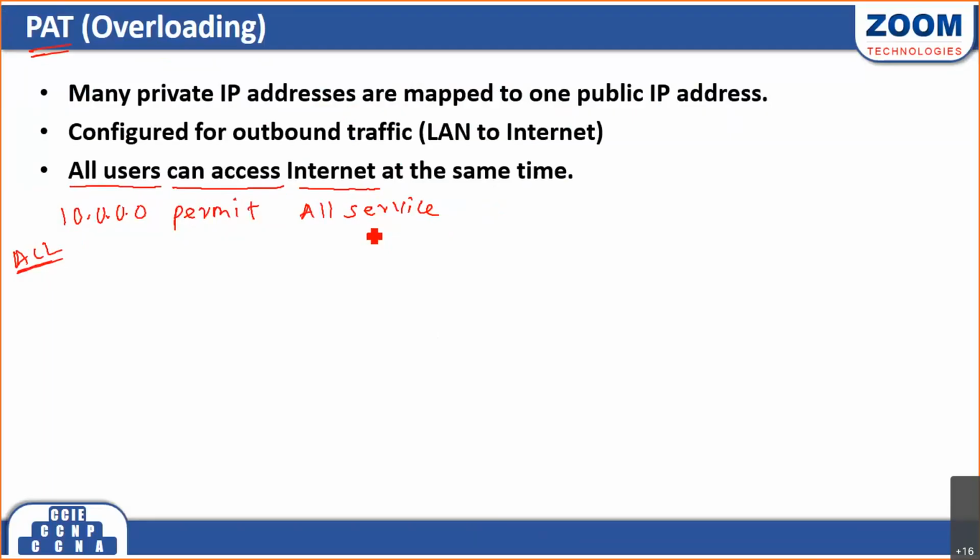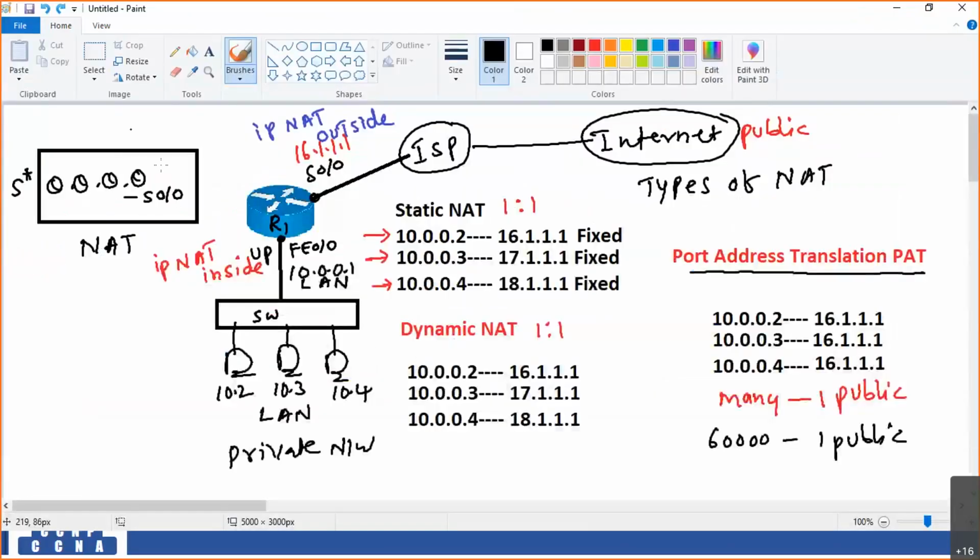So here we need to configure a standard ACL with a permit rule. Then all services are permitted for the network ID. So default routing is a must, NATing is a must, and we need to write the ACL permit rule also. Then all LAN users can reach the internet at the same time.